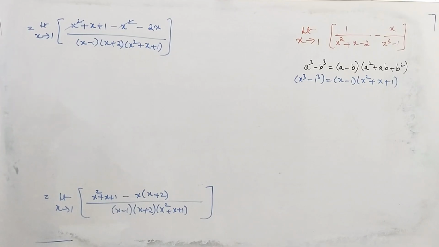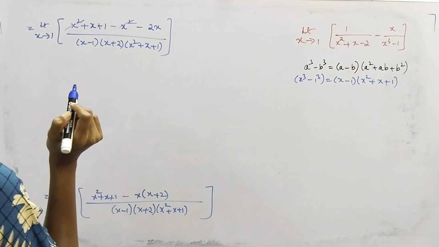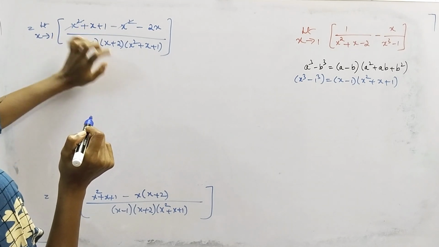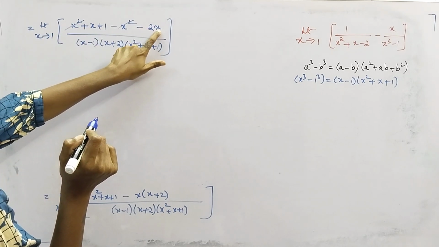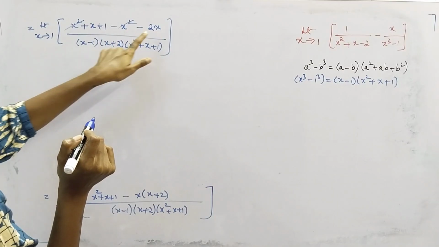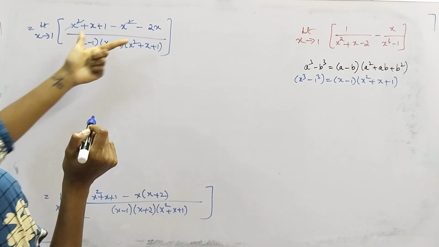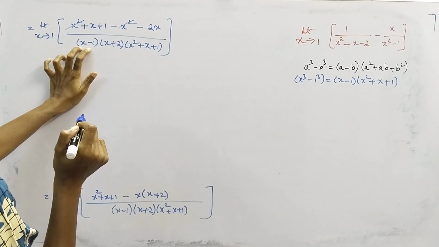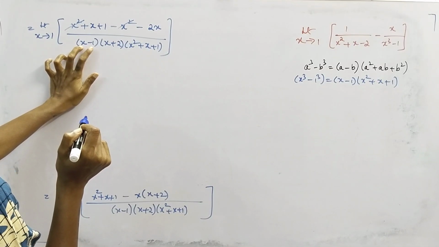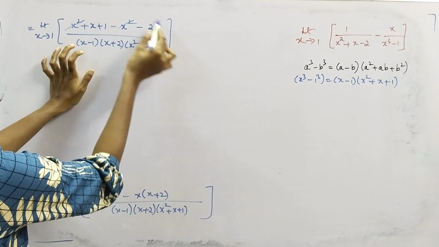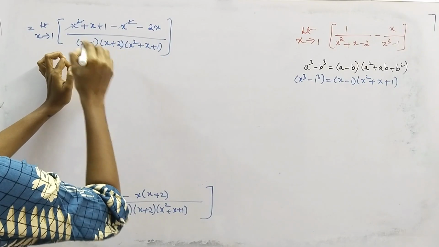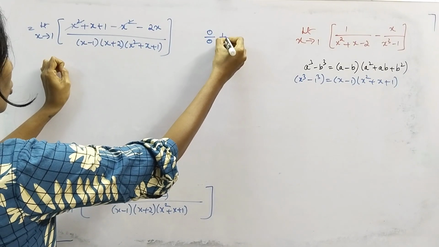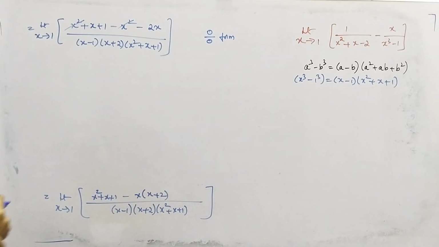And if you substitute x equal to 1, you'll get 1 plus 1, 2, minus 2 into 1, minus 2. So you'll get 2 minus 2. Numerator becomes 0. Likewise, here you're having x minus 1, right? If you put x equal to 1, you'll get 1 minus 1, which is 0. Numerator becomes 0 and denominator becomes 0. So we have reduced to 0 by 0 form, okay?